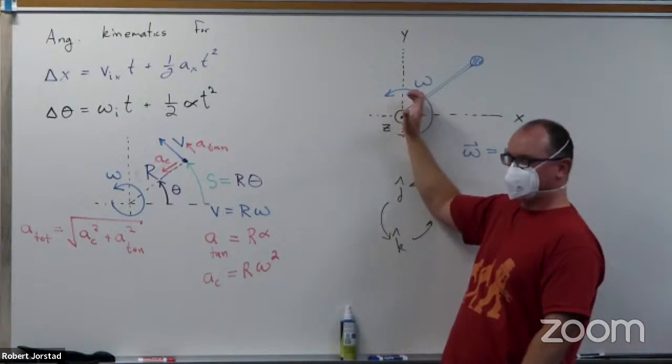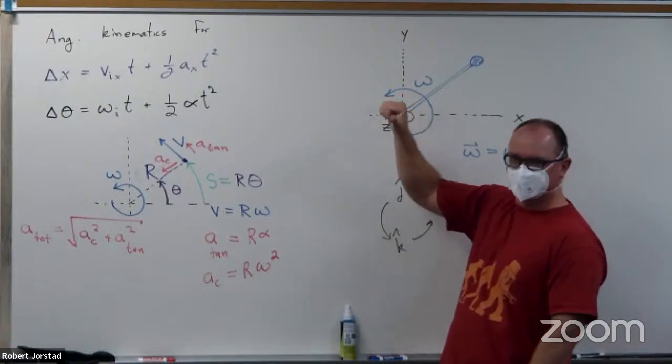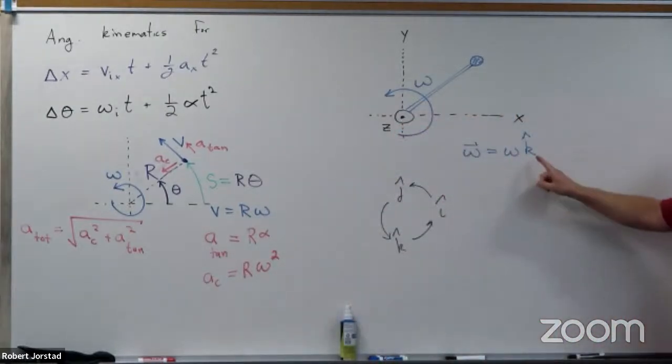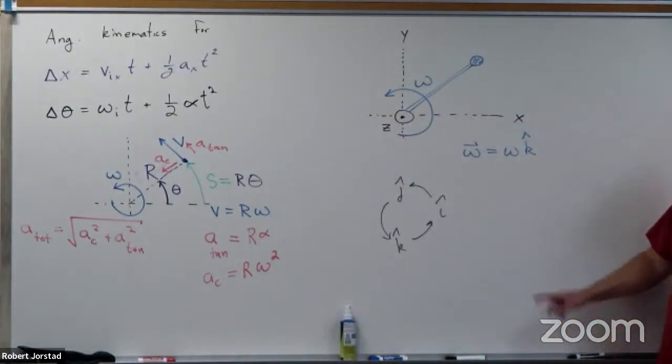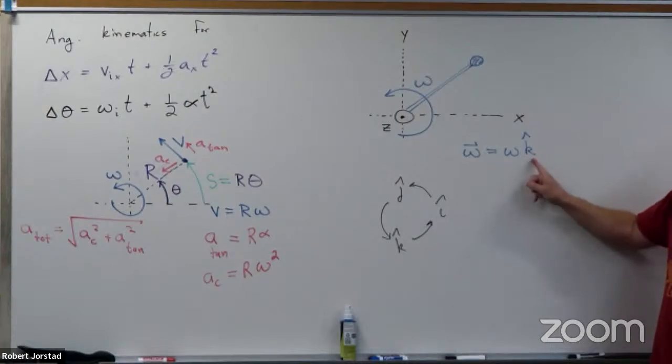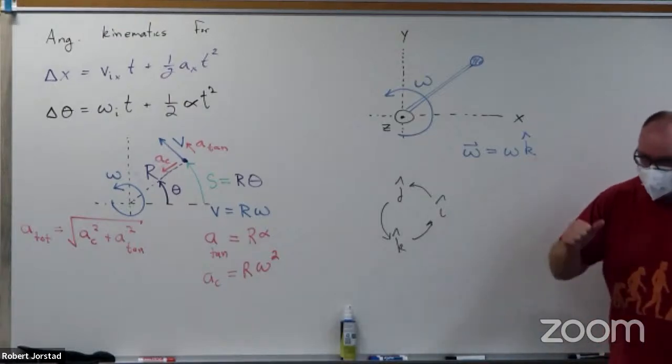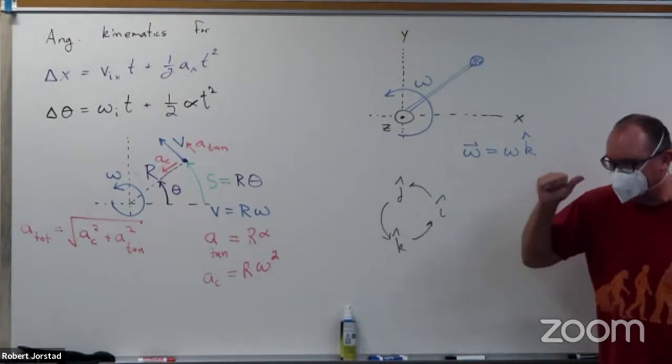Notice which way my thumb points. Z hat. So what happens when you write a rotation vector: the unit vector associated with the rotation points in the direction of the axis if you grab it with your right hand and curl your fingers in the direction it's rotating.